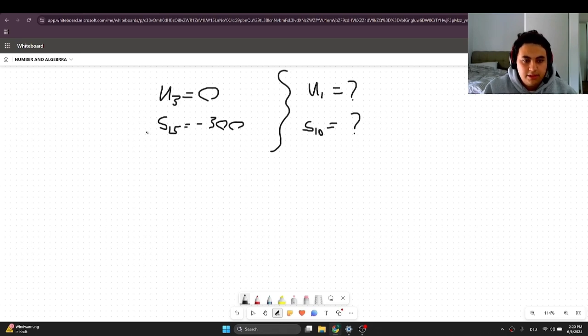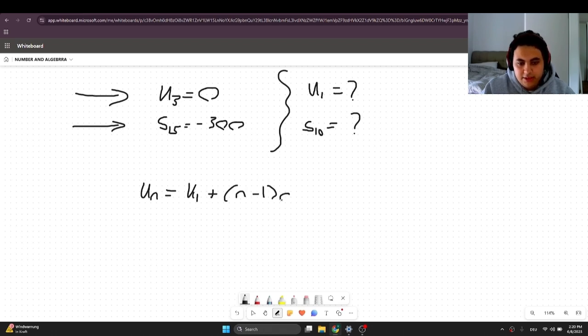Now, when we use our equations, these are two different equations. To find a certain nth term, un, you will have to use this formula: u1 plus n minus 1 times d, right?